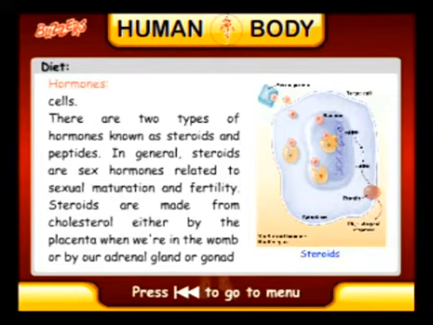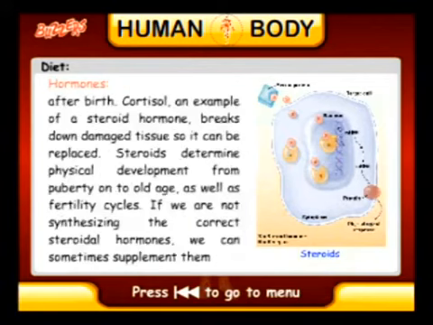Steroids are made from cholesterol, either by the placenta when we are in the womb or by our adrenal gland or gonads after birth. Cortisol, an example of a steroid hormone, breaks down damaged tissue so it can be replaced.